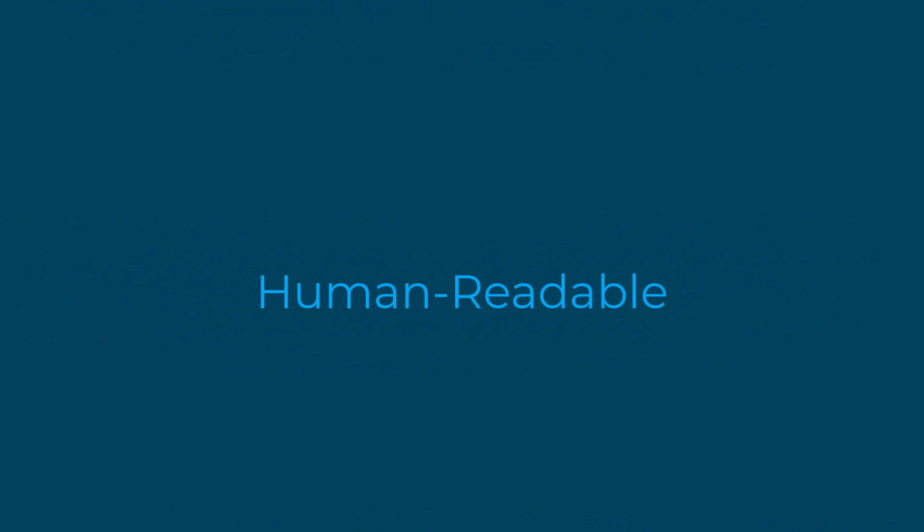The first one is human readable. Source code is written in a format that is easily understandable by human programmers. Those who write the code should understand what instruction they are trying to achieve through the computer system, so it should have human readability.